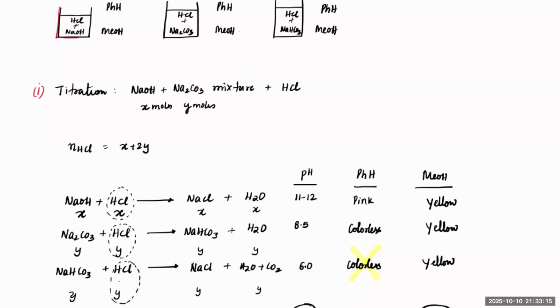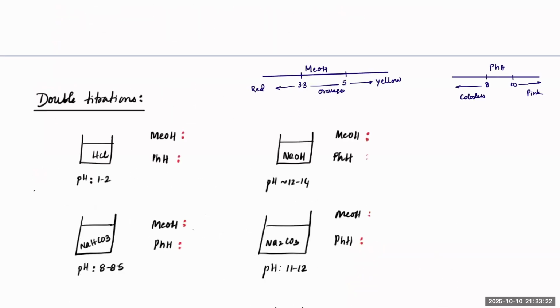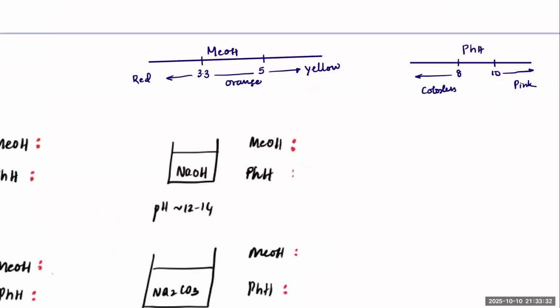We require some kind of a color change. And how would I get the color change here? I'll be using two indicators. There are mainly two indicators that we use in lab. One is methyl orange, the other one is phenolphthalein. Methyl orange is a weak organic base.